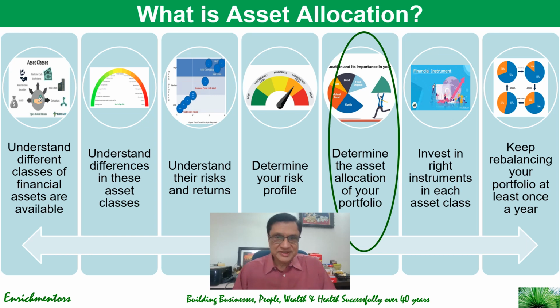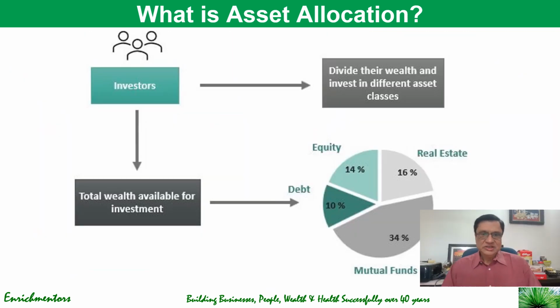So what do you think asset allocation is? What do we mean by asset allocation? Any thoughts on this? See, asset allocation is basically that you have investors on top left and they will divide their wealth and invest in different asset classes. There are these options that you see here, and there are many more options. You could invest in debt, equity, real estate, mutual funds.